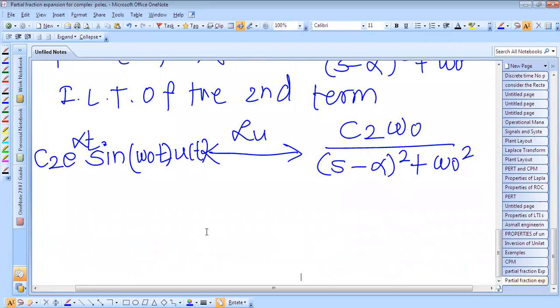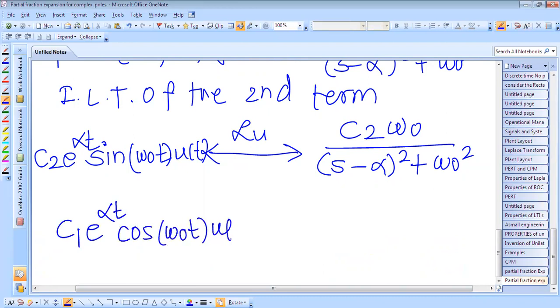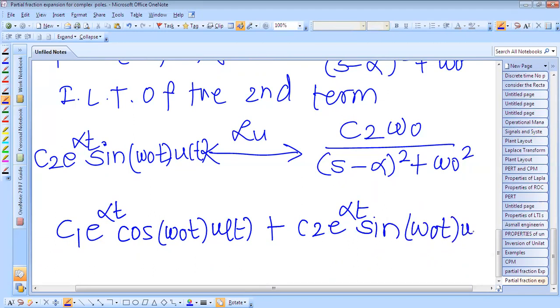So this is the inverse Laplace transform of the second term, and therefore we can write: the first term is c1 e raised to the power alpha t cos of omega naught t u of t, plus c2 times e raised to the power alpha t times sine of omega naught t times u of t.